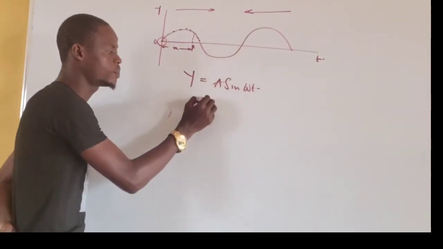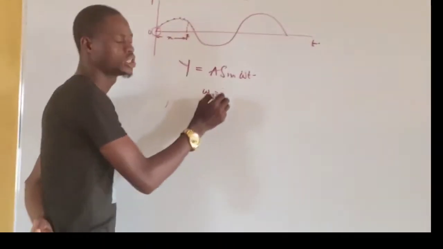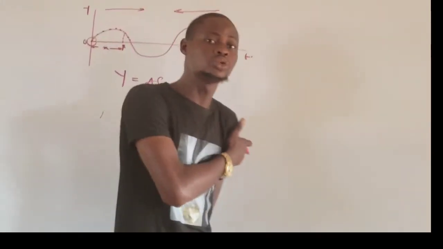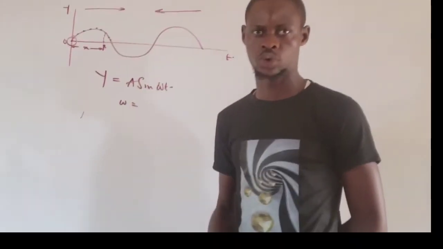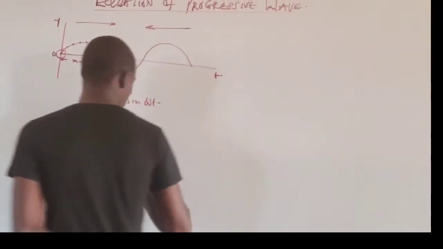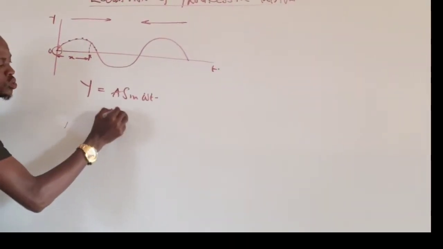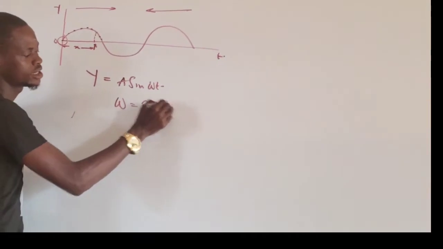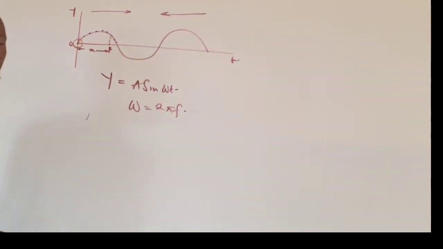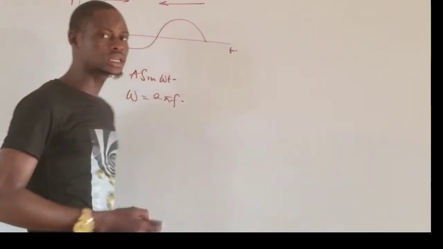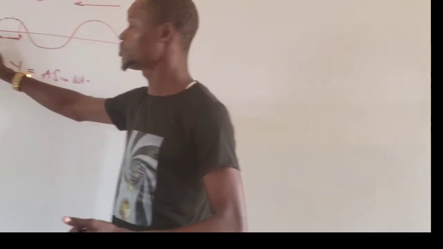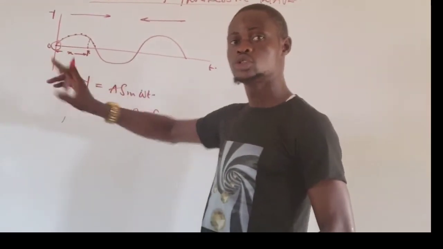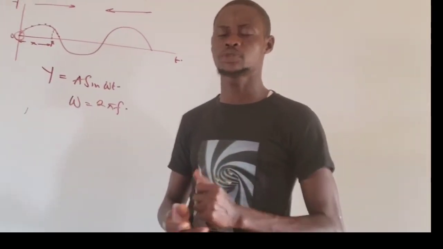This w represents the angular frequency of the wave particle, which is expressed as w equals 2 pi times the frequency. And t is the time taken for the wave to travel and for the vibrating particle of the medium to be displaced away from its initial position.